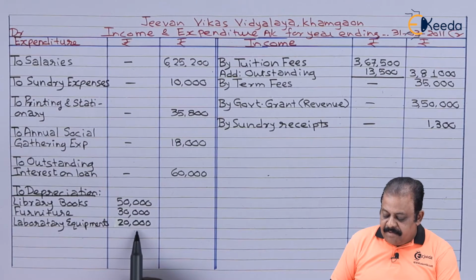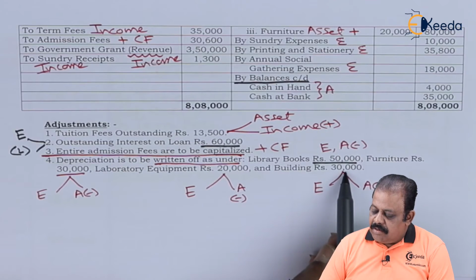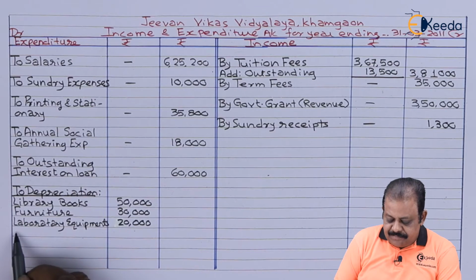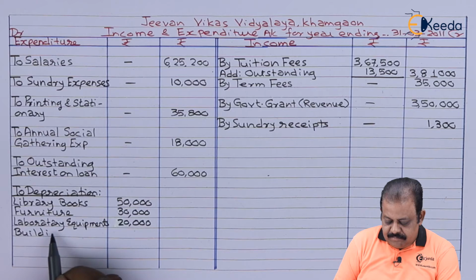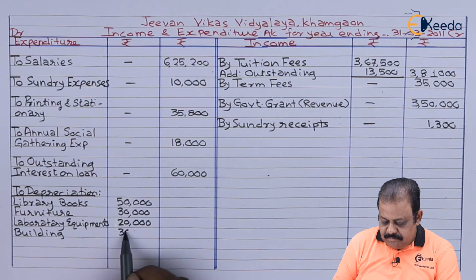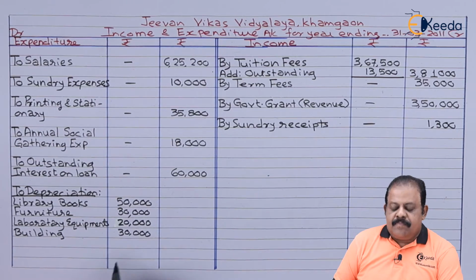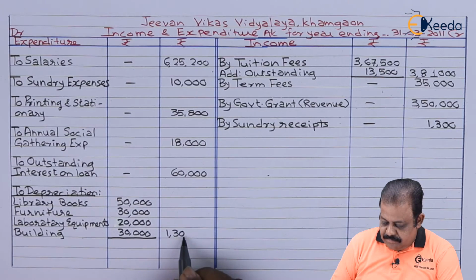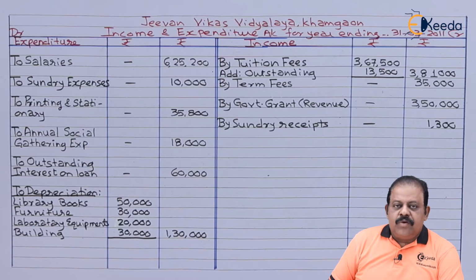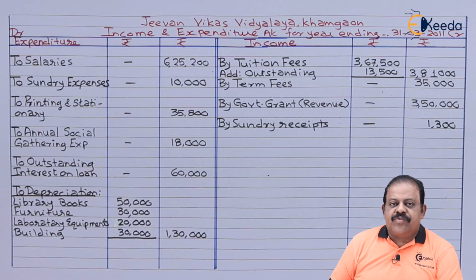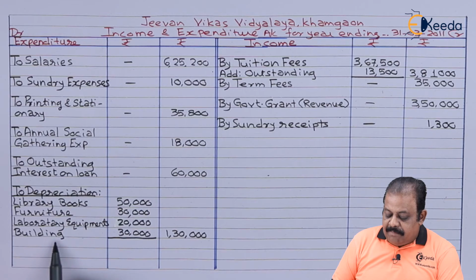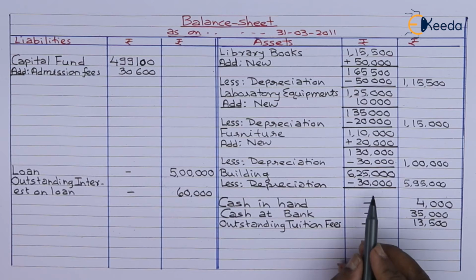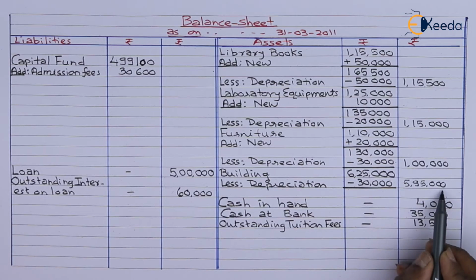Depreciation on laboratory equipments 20,000. Depreciation on building 30,000. We can record this first as an expenditure. Total depreciation 1,30,000. Second effect of depreciation on building on asset side. After deducting depreciation 30,000, now building is 5,95,000.